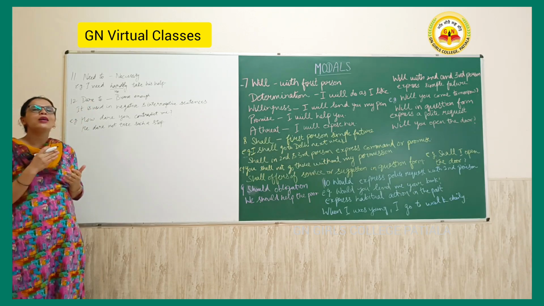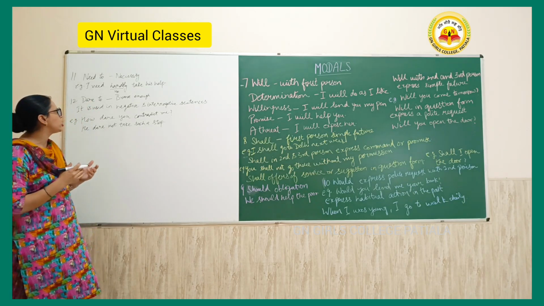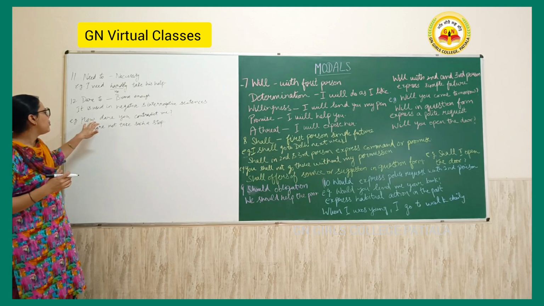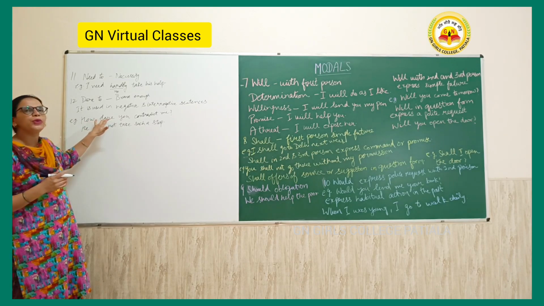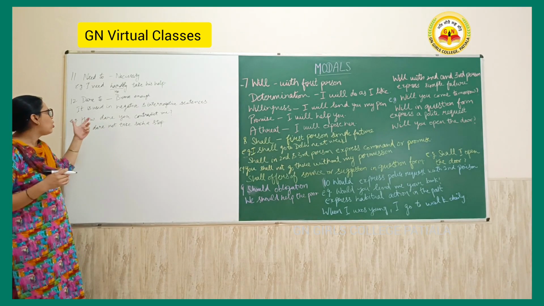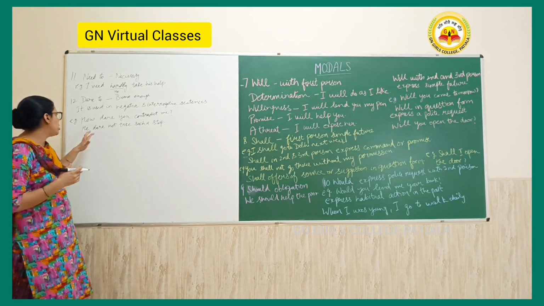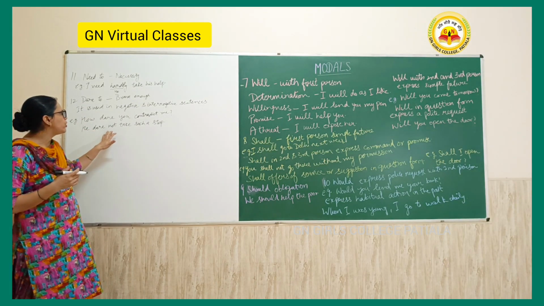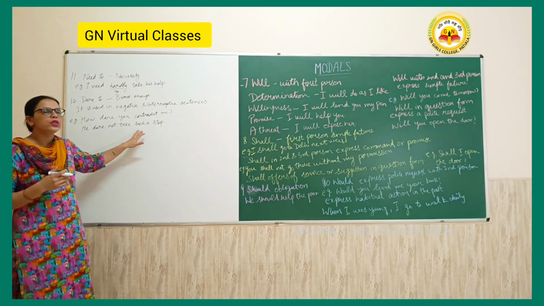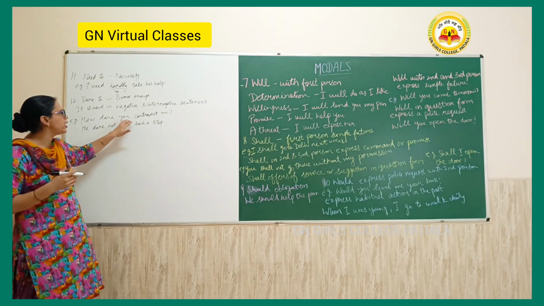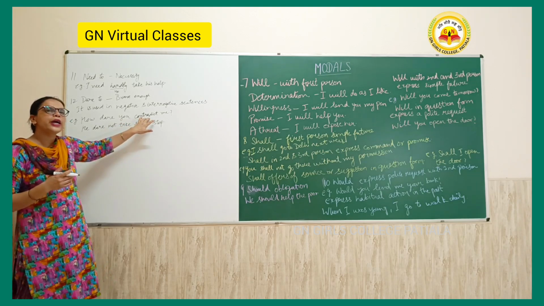This is used in negative and interrogative sentences. For example, how dare you contradict me? How are you brave enough to contradict me in this situation? Then, he dared not take such a step. This is used in the negative sentence and also in the interrogative sentence.